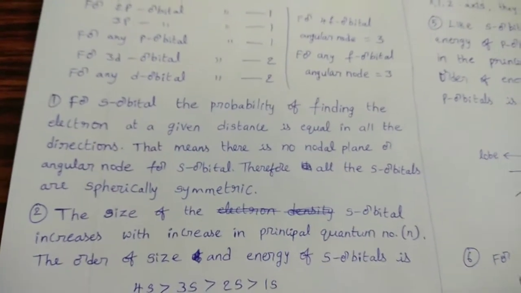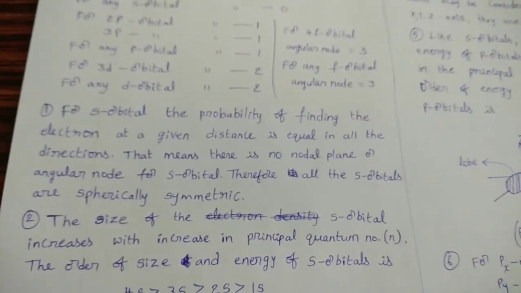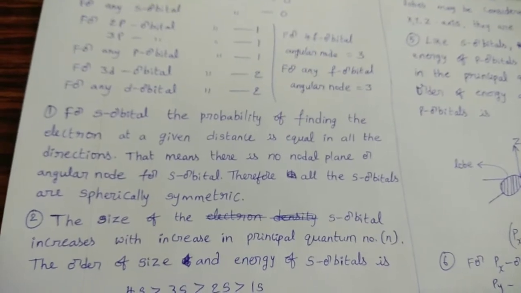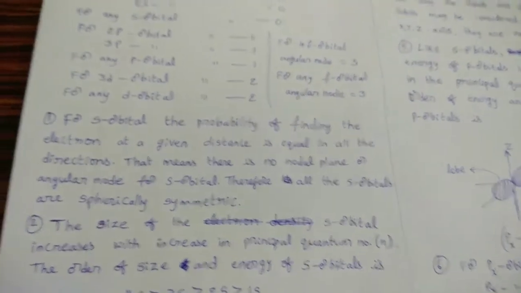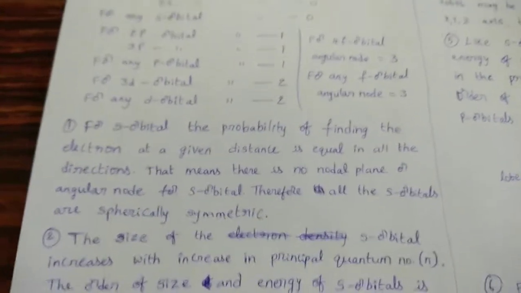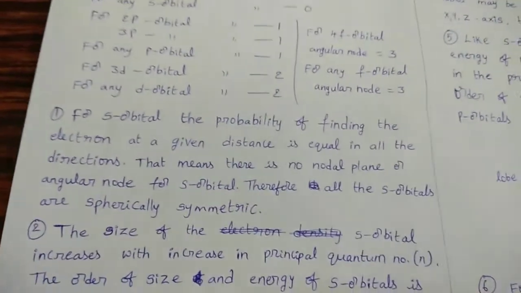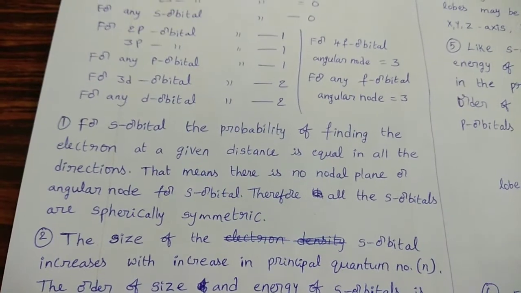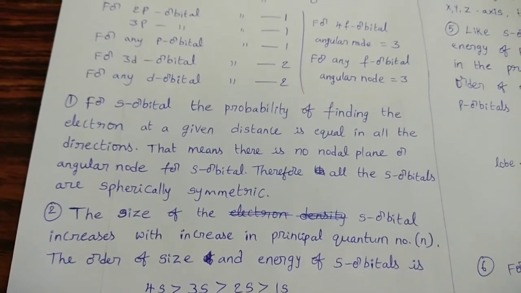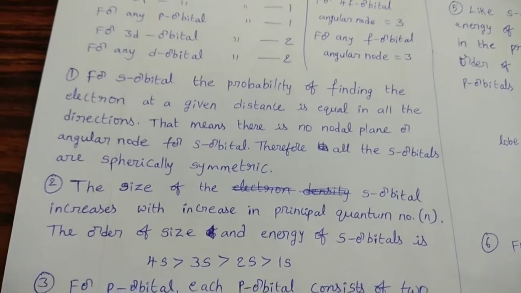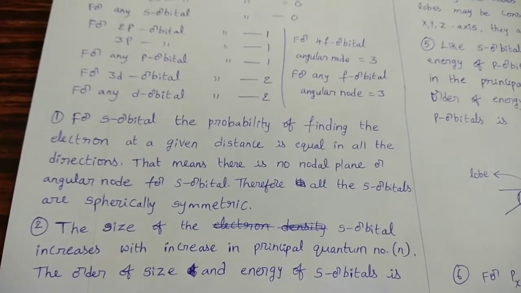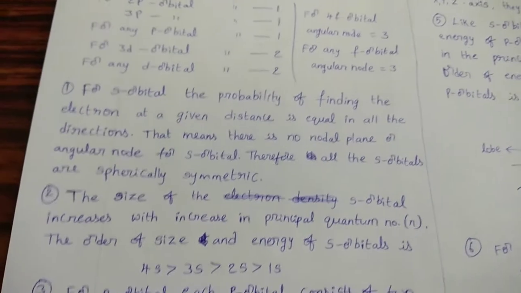That's why the shape of s orbital is spherical, symmetrical in structure. Remember that s orbital is non-directional in nature.